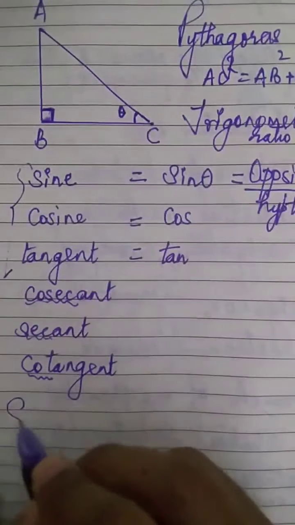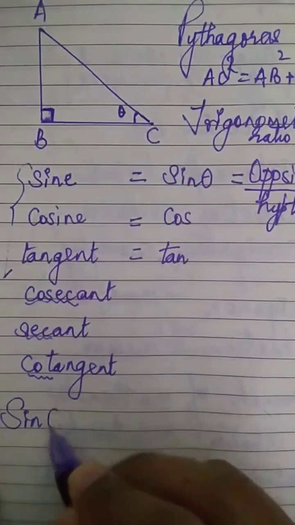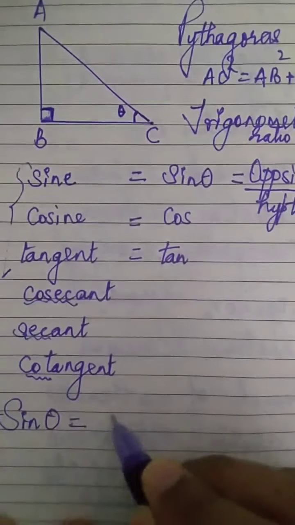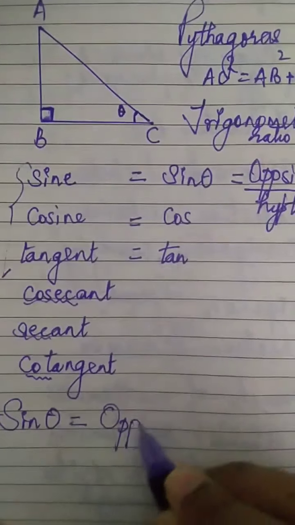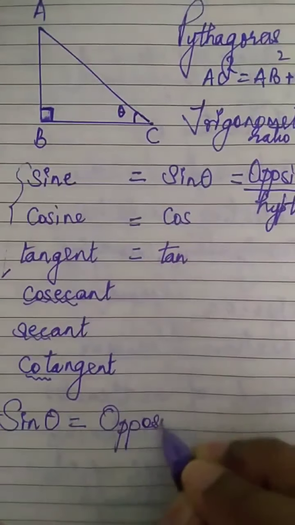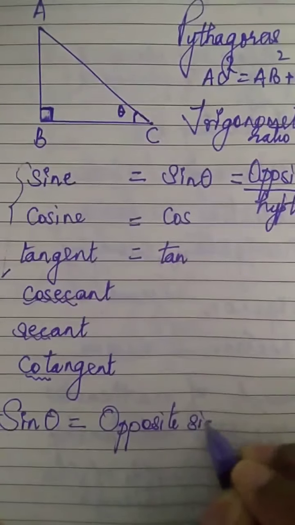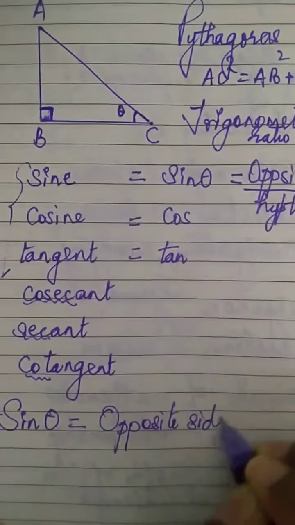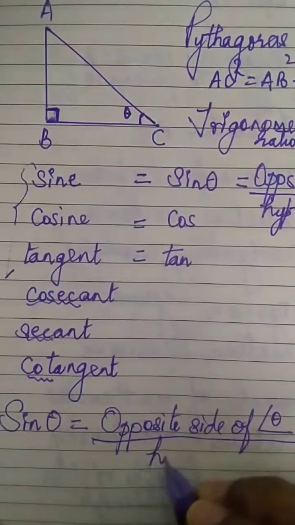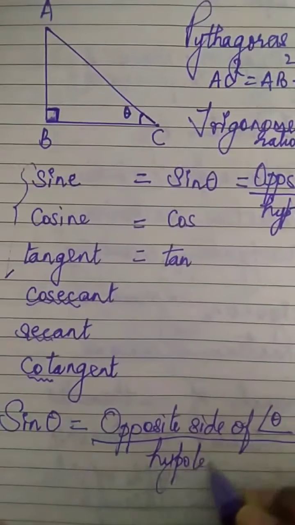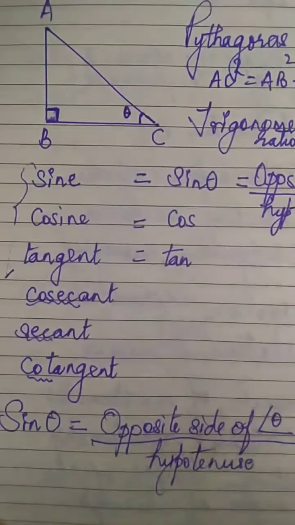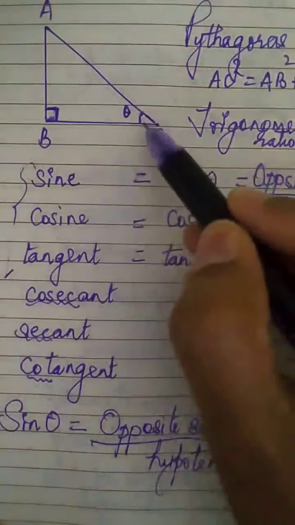Now, as I told you, I'll write the formula once again here. Sin theta is equal to, say the formula along with me, write in your book, opposite side of angle theta upon hypotenuse. Now you look at theta, which is the opposite side to theta.